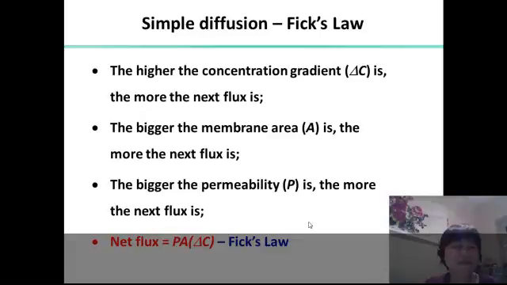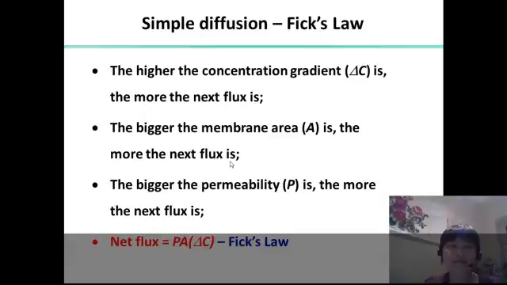Now, let's summarize the simple diffusion with Fick's law. Fick's law quantifies the simple diffusion. First of all, the higher the concentration gradient is, the more the net flux is. So that's the quicker the movement is. Second, the bigger the membrane area is, the more the net flux is.